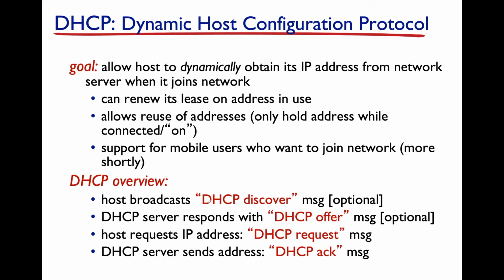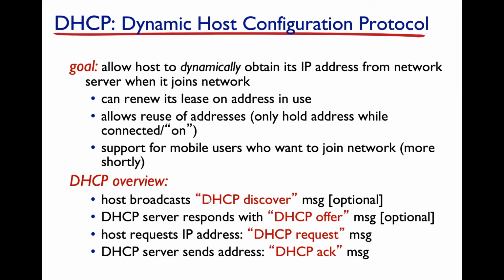So what does it do? Well, the connecting host broadcasts a discovery message. The reason it broadcasts is because at the beginning, when you join the network, you don't have an IP address, so you cannot be uniquely identified. For every network, there's a so-called broadcast address. If you send a datagram to this broadcast address, it's going to propagate that to every host on the network.